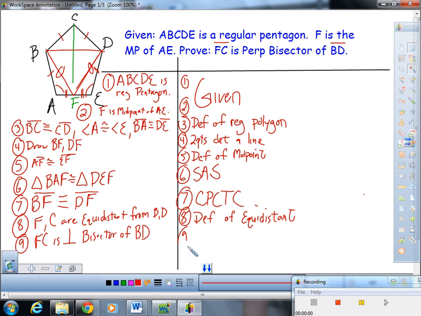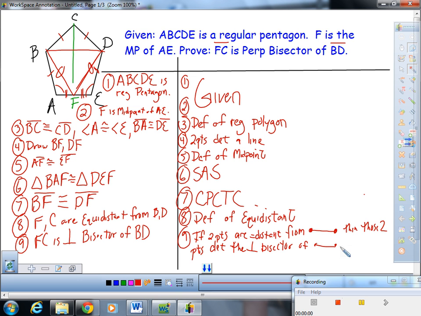And my reason is, no way to write this short, if 2 points are equidistant from, I don't know if you remember this or not, the endpoints of a segment, then those 2 points determine or define the perpendicular bisector of those points, okay? Or of that segment.